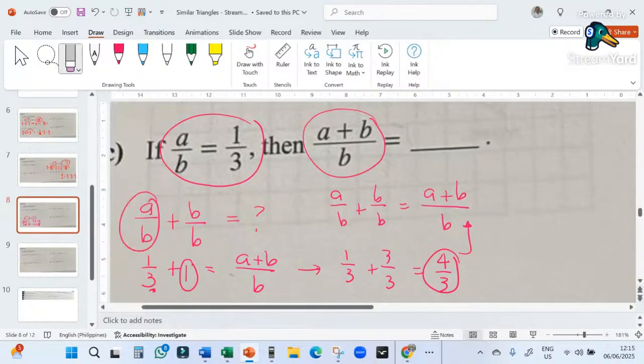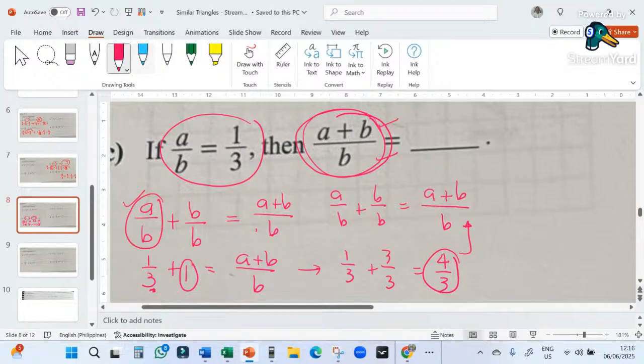I know that you're confused a bit. A plus B over B, the denominator is B. I just separated A plus B over B at first to come up with an equation. So we substituted A over B, 1/3, that's given, plus B over B, 1.